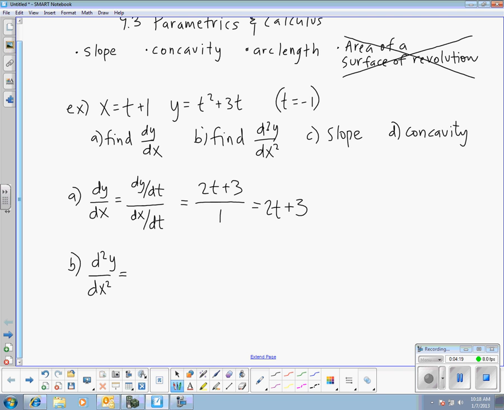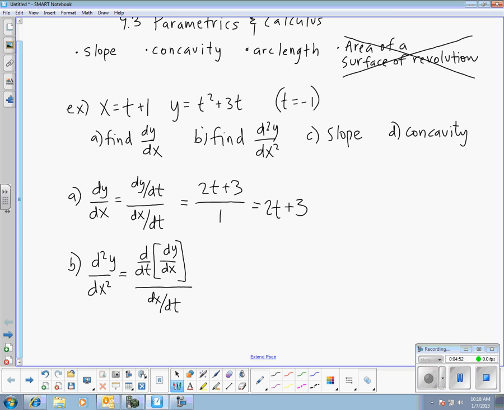So the formula for the second derivative is going to be the derivative with respect to t of the first derivative, which I did just find. That right there is what a lot of people think the answer is, just say 2. But that's not fully right. I need to put another dx dt on the bottom. If you think about your answer to A as your new y value, then you take the derivative like before.